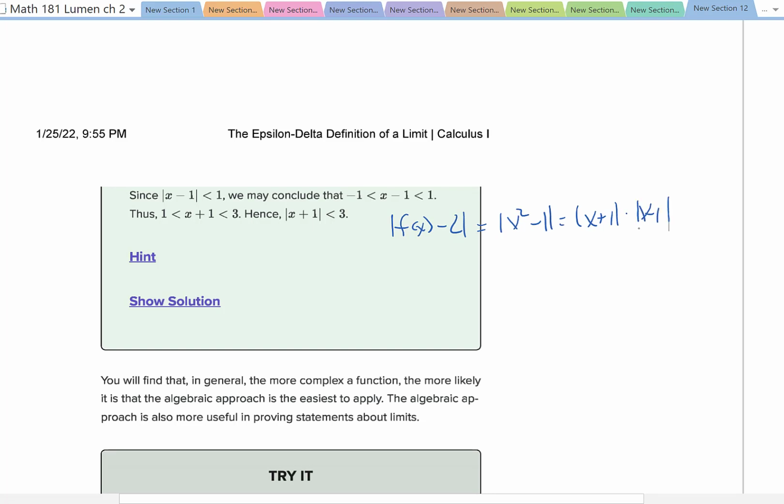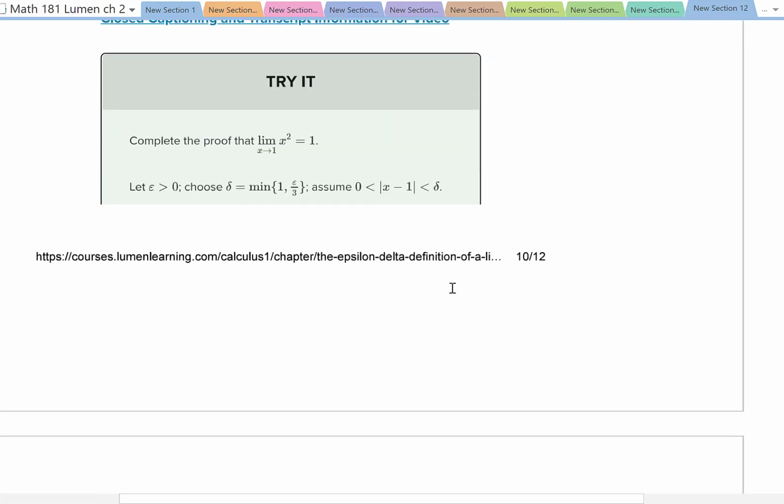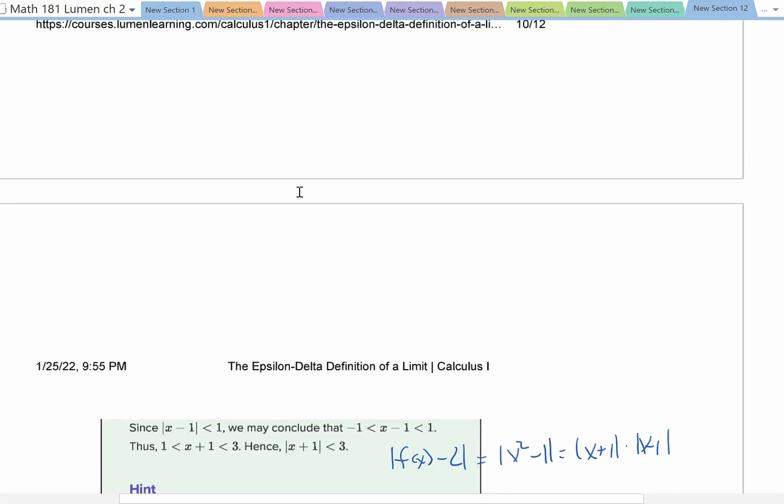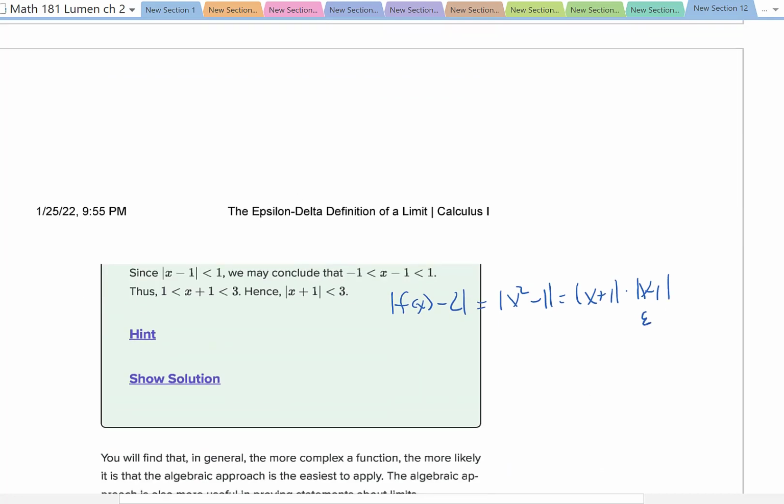So x minus 1, that's our delta, is going to be less than epsilon over 3. The x plus 1, we saw earlier, was less than 3, and I'm going to do this inequality. So all that's less than 3 times epsilon over 3. So we're left with epsilon. Therefore, the limit as x approaches 1 of x squared equals 1. That's it.